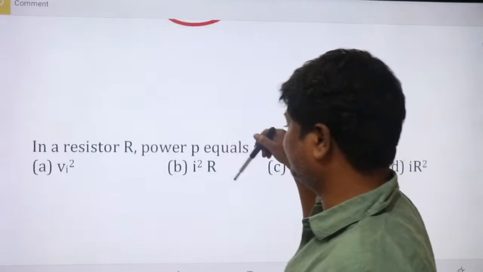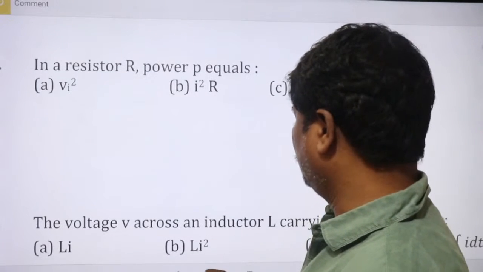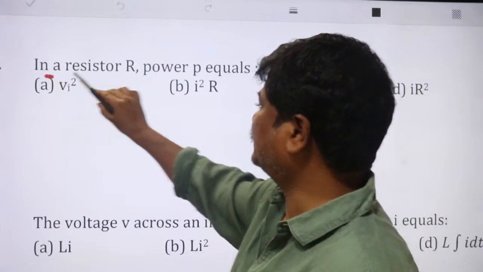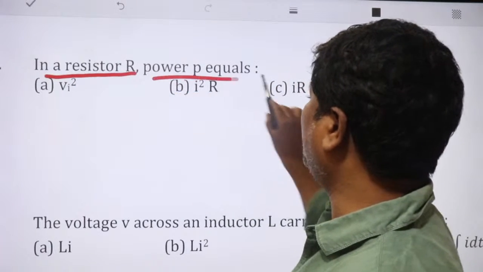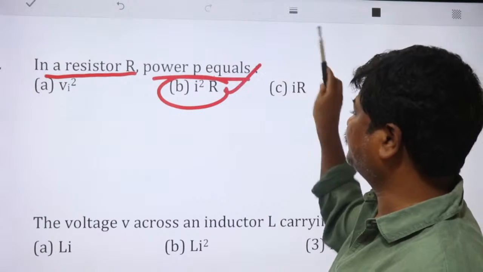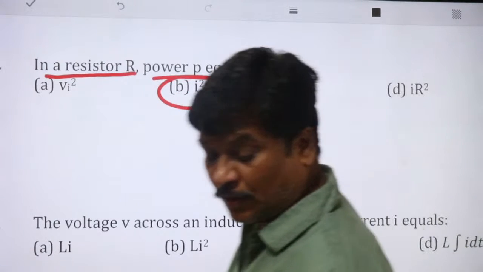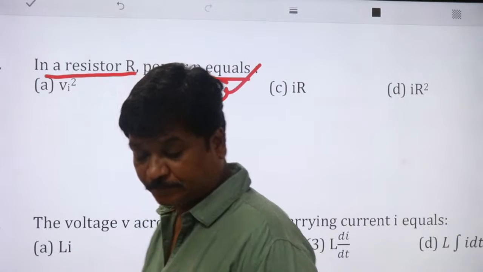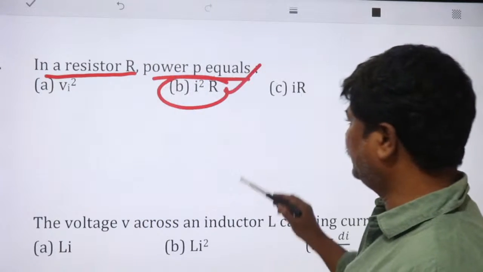Next. See here, in a resistor R, the power P is equal to I square R. Okay. Next.